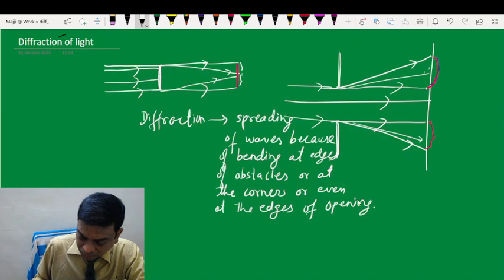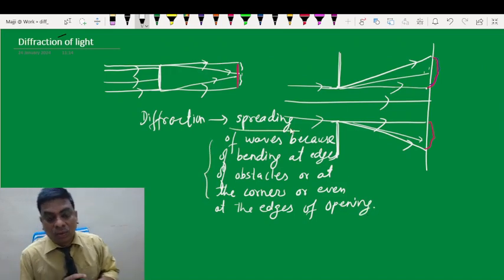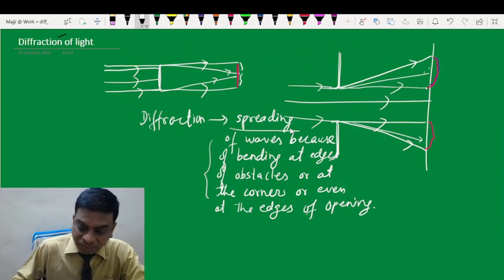Okay, so because of this phenomenon, it will appear as if light is spreading all over. So this phenomenon is known as diffraction. I hope that is clear.